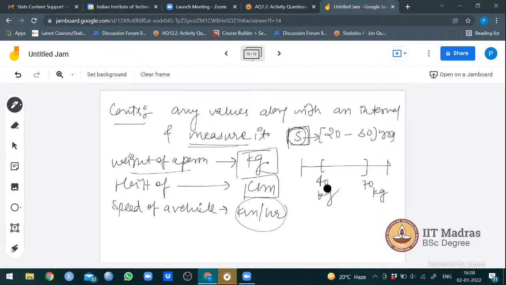So between these two limits, it can take any value. Suppose someone has weight 42.37 kilogram, any value. Someone has weight 47.39 kilogram, and you are measuring in kilogram. Got it? Yes, sir.